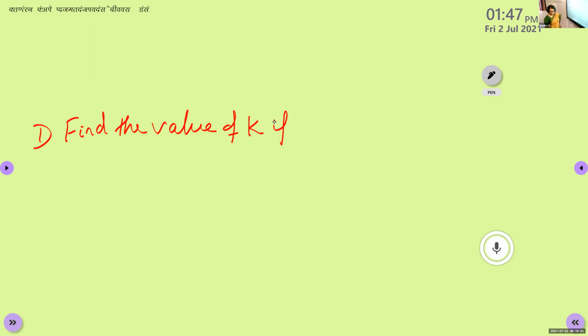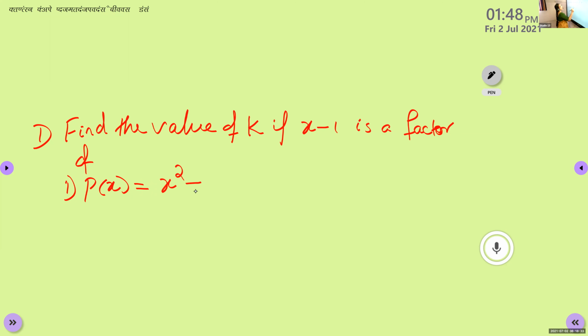Find the value of k if x minus 1 is a factor of p of x equal to x square plus x plus k.